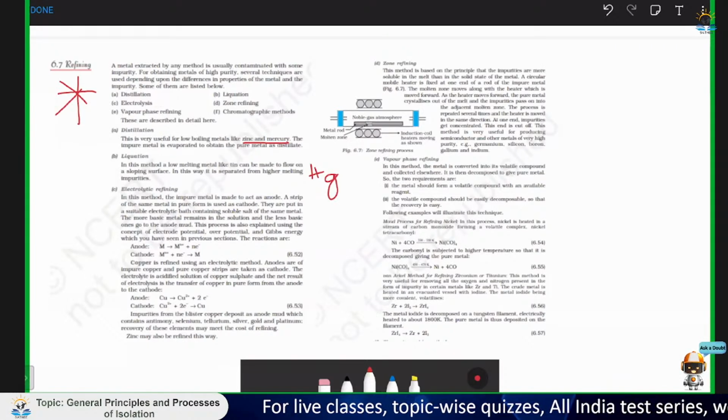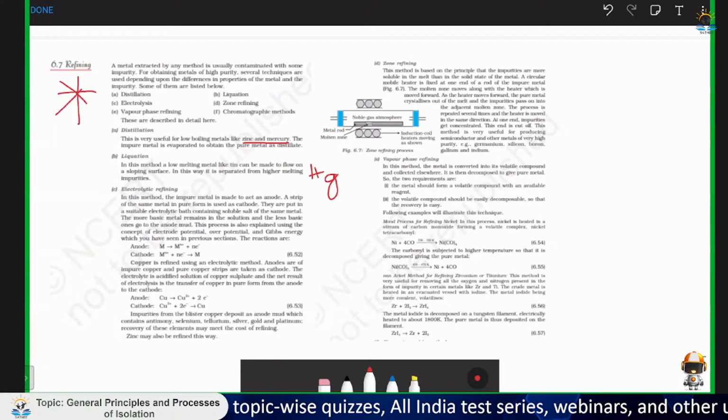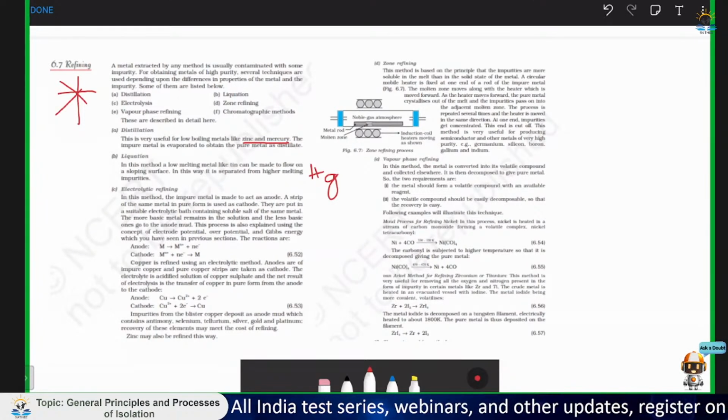You add these two or three and perform the electrolysis. Then the crude aluminium is purified into pure aluminium. That's called the Hoope's process. That is an example of electro refining.